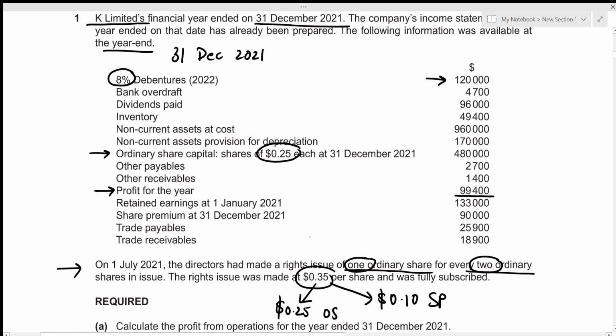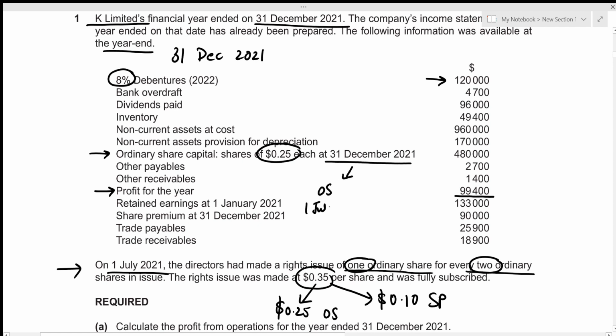But what we know is that we have the ordinary shares at 31st December 2021, not 1st July 2021. And this ordinary share capital includes the ordinary shares at 1st July 2021 plus the right shares issued at 1st July 2021, right?